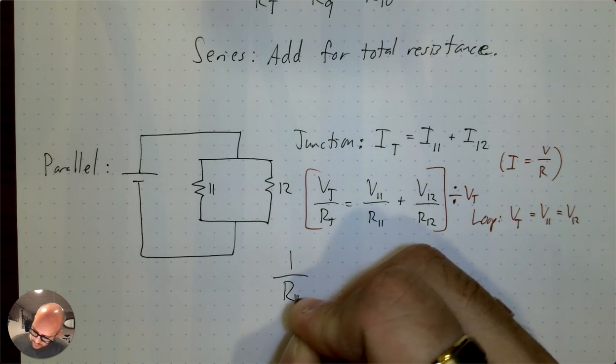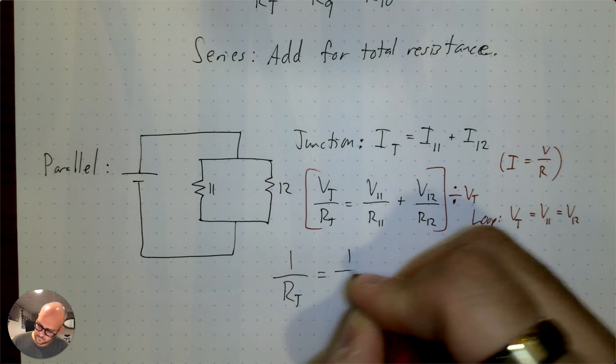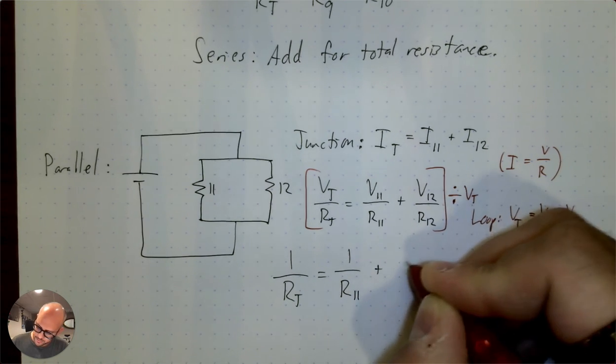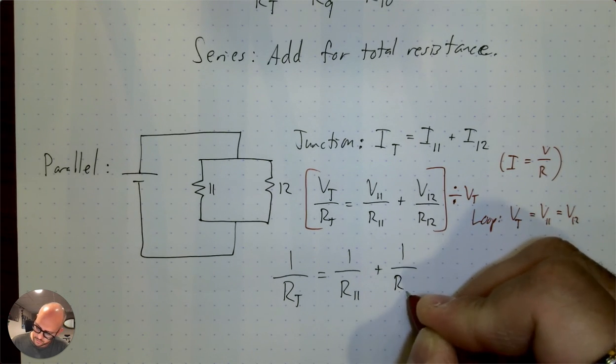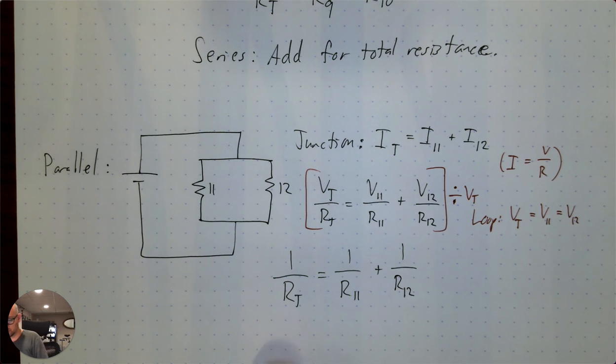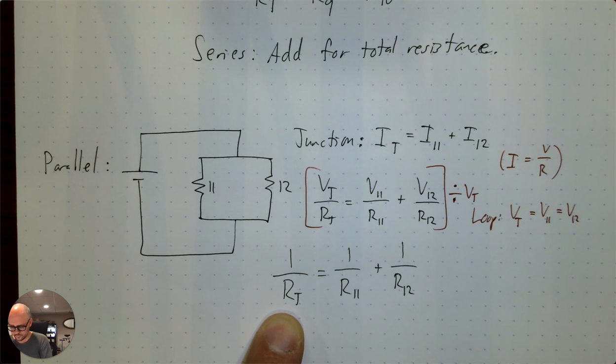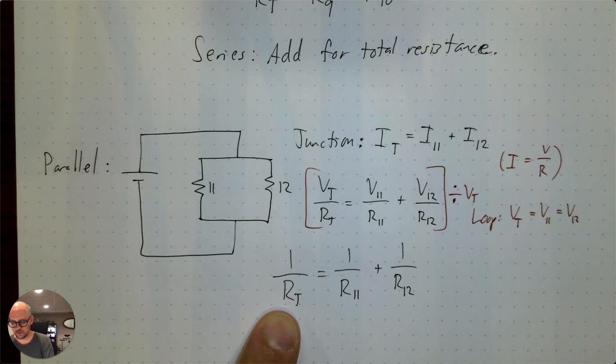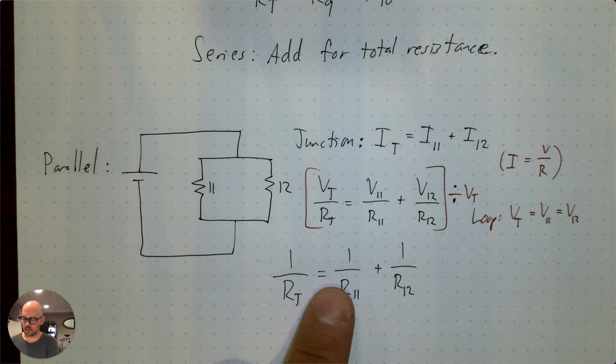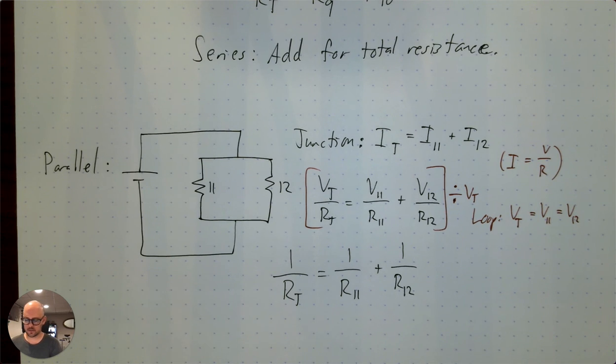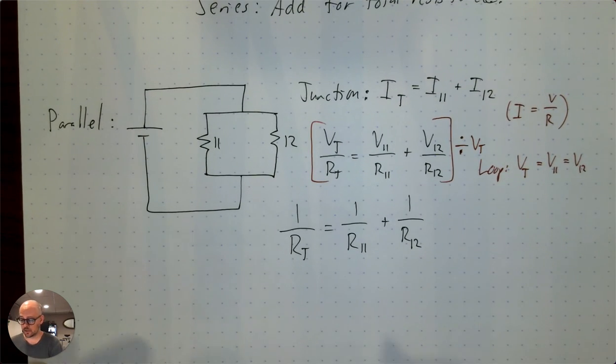The equation I'm left with this time looks a little bizarre. It's flipped on its head. So the total resistance is now an inverse. The reciprocal of the total resistance is equal to the sum of the reciprocals of all the individual resistances. That's a crazy equation.